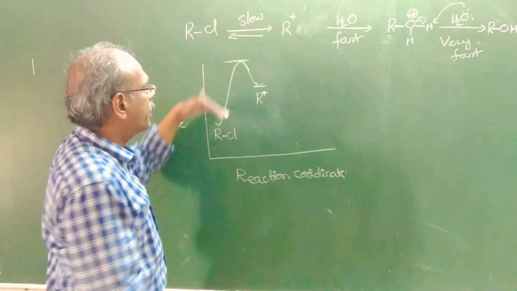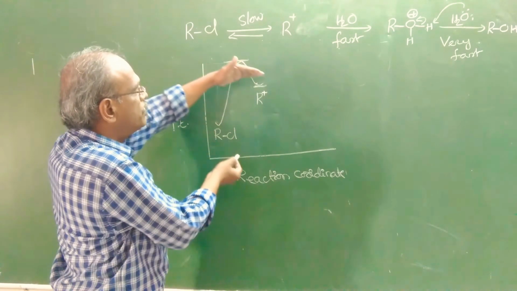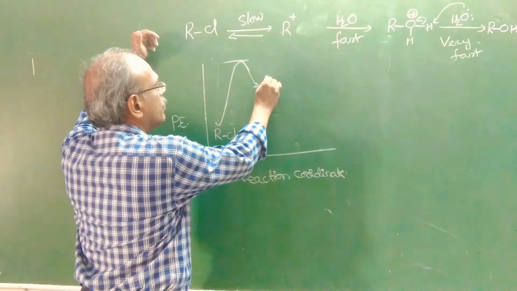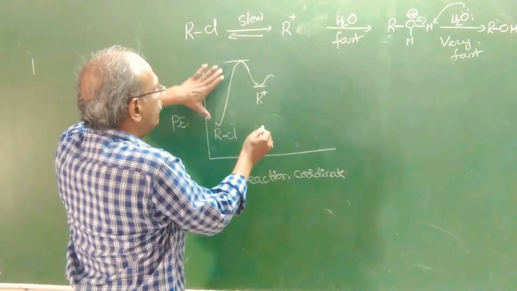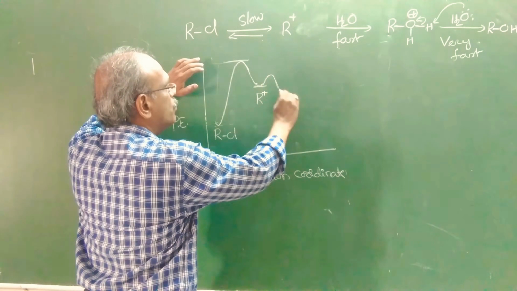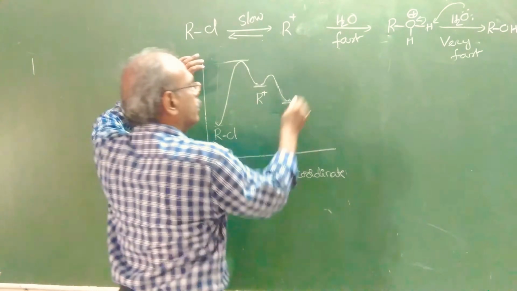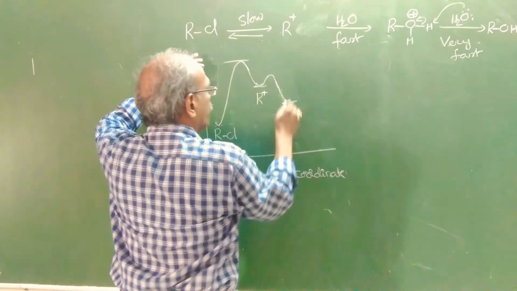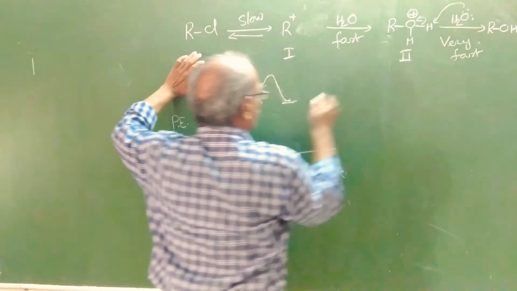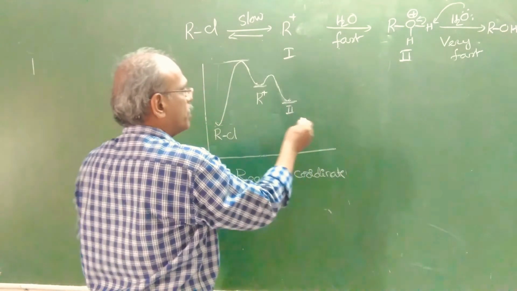Fast means the activation energy for the next step relative to this is less. Okay. Now when compared to this, say this is intermediate 1, this is intermediate 2, and the next step is very fast.